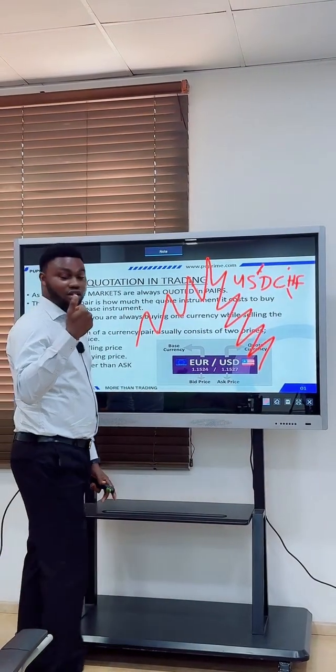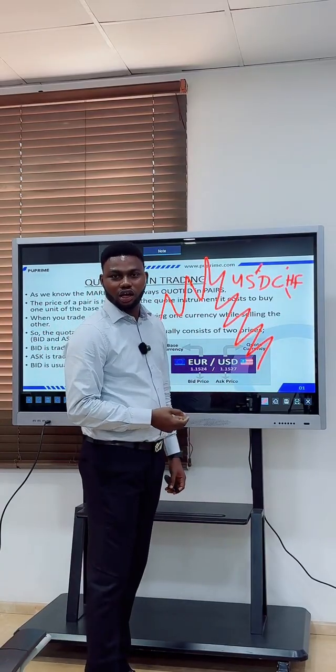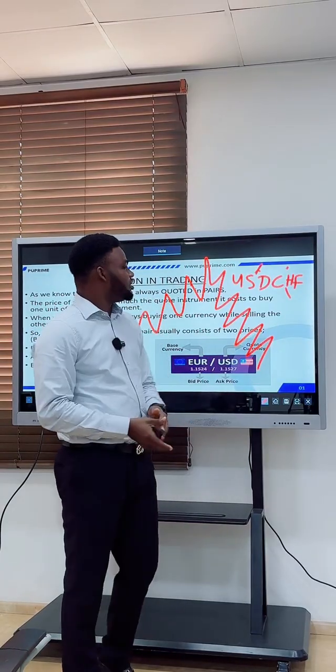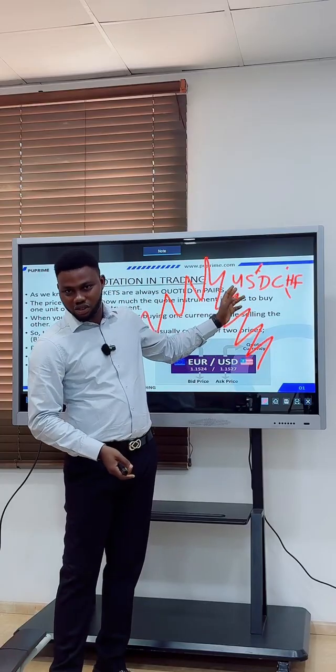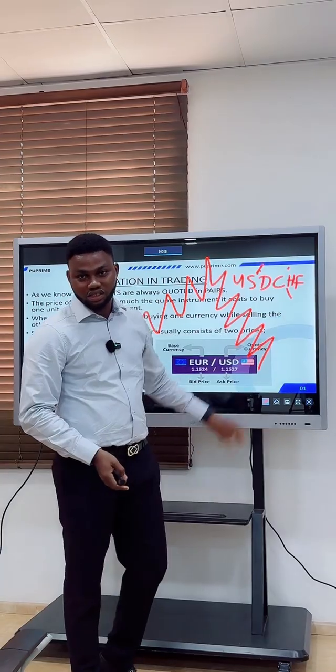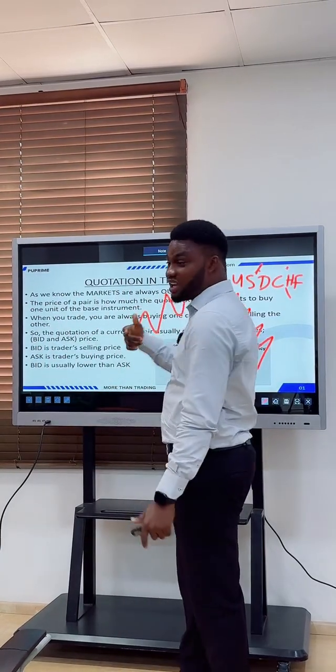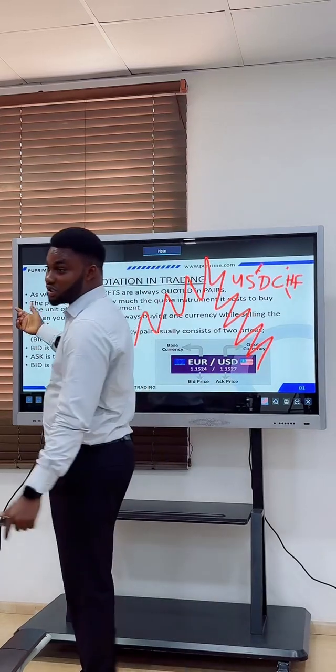Mark, yes, so what's the base currency here? The first listed currency is the base currency, and the second listed currency is the quote currency. So earlier we saw Euro USD.